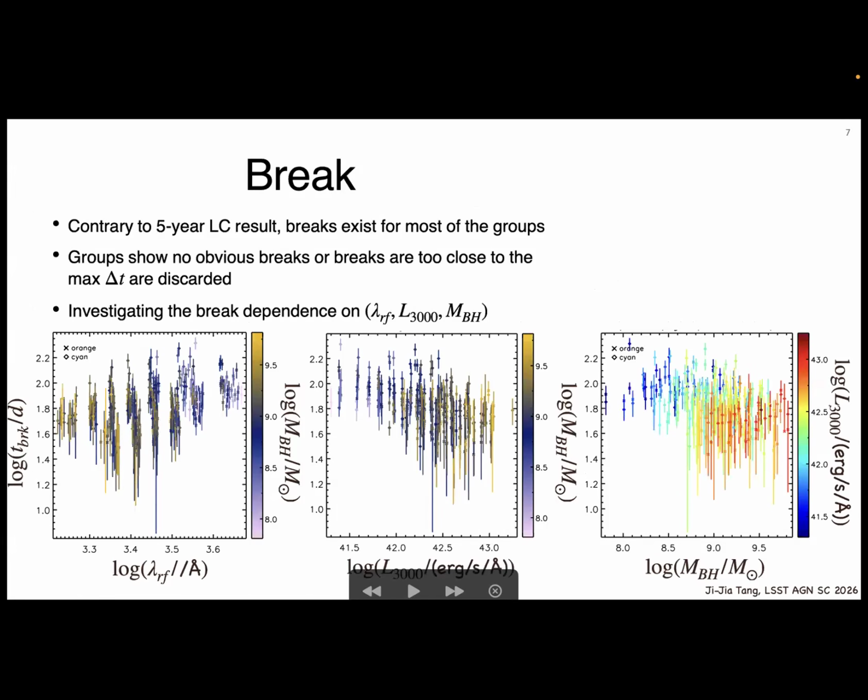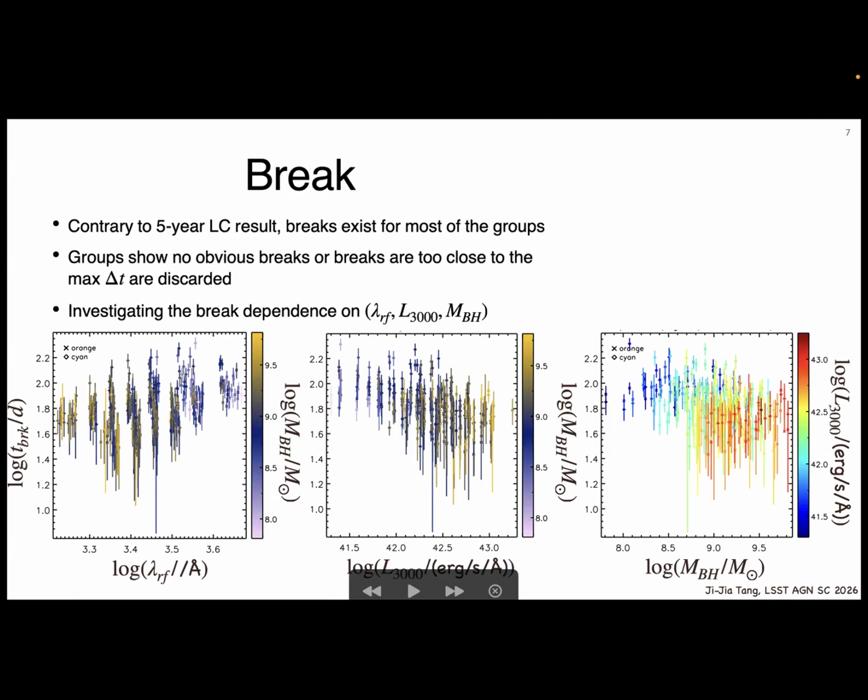Then we try to study how those breaks and the slopes on a long time scale behave. Let's first look at the breaks. These breaks exist for most of the groups, although there are still some groups that don't show obvious breaks, so I removed them. Also there are breaks that are too close to the maximum DT of the SF, and those are also removed.